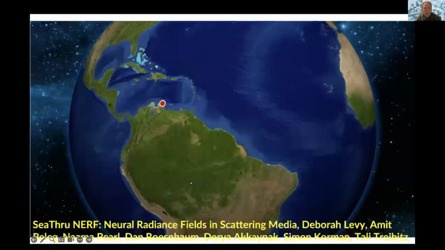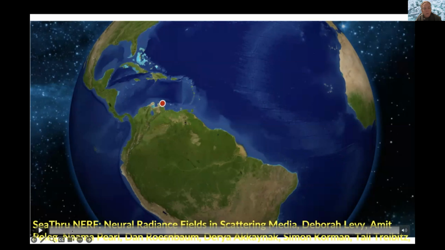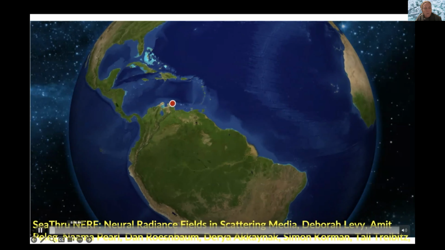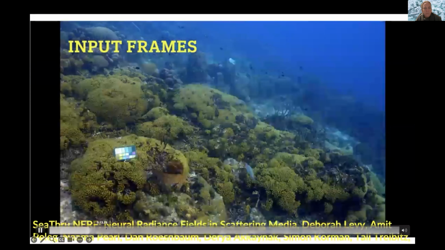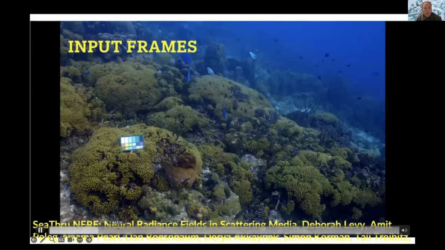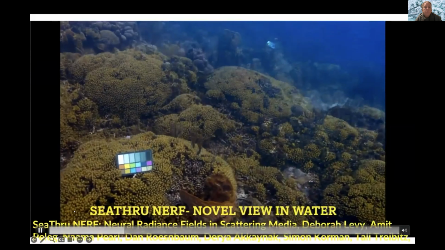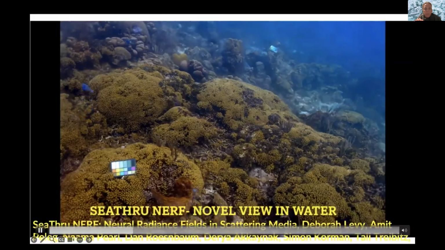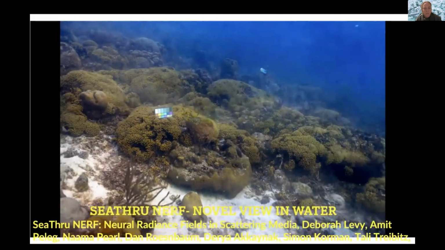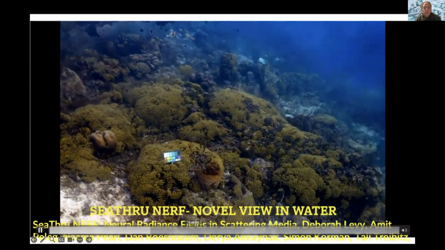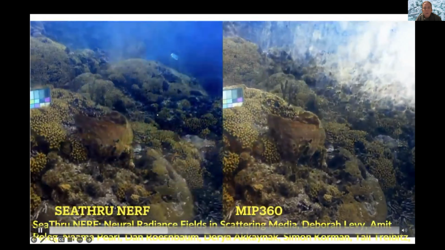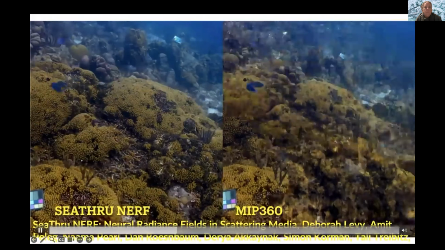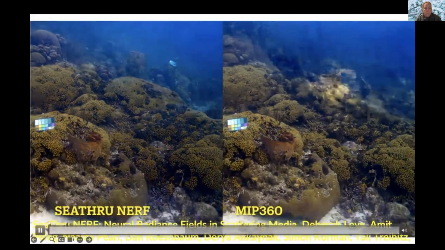So what we did, we inserted the underwater image formation models, and for the sake of time, these are the input images. And we are able to reconstruct the scene without these clouds, or maybe with a little bit, but this is our result. This is compared to the original one, and the left is ours, but this is still with water.